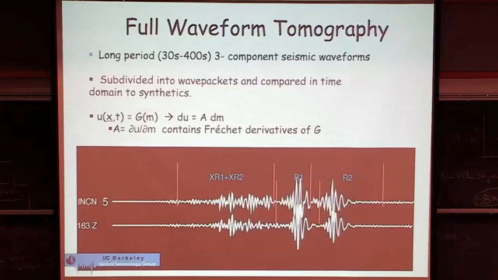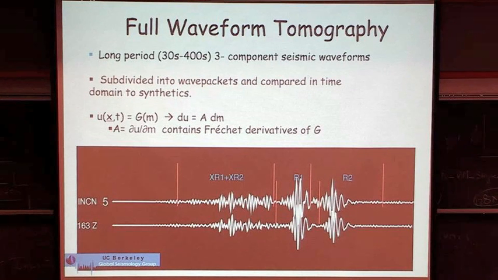So, for example, this is work we've been doing at Berkeley for a long time. What you do is you compare a seismogram in the time domain, or you could do it in the frequency domain, but a whole seismogram to a synthetic. So you have to have a way to compute the synthetic. So the theory starts to matter there, how you compute this theoretical seismogram.